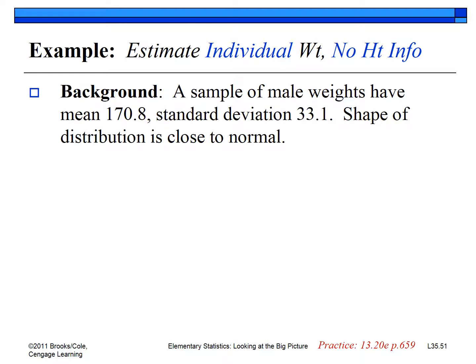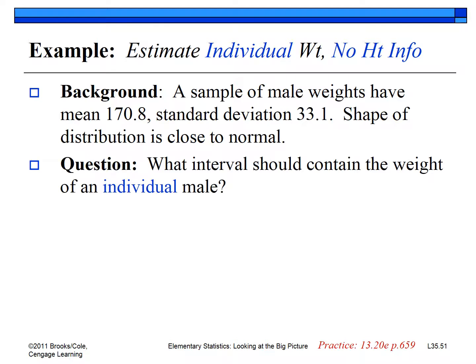Here in our sample, we have a mean of 170.8, standard deviation of 33.1. The distribution is close to normal. So what interval should contain the weight of an individual male?